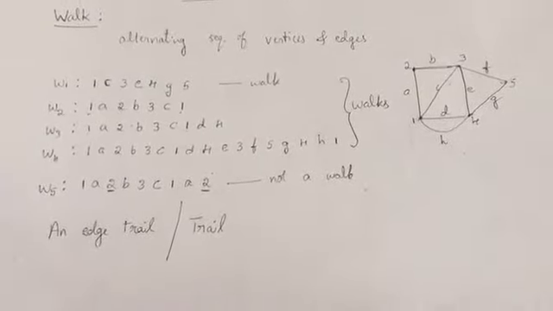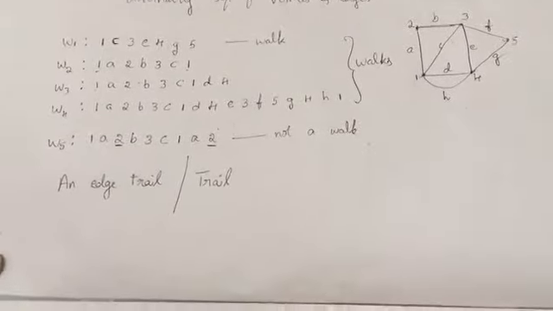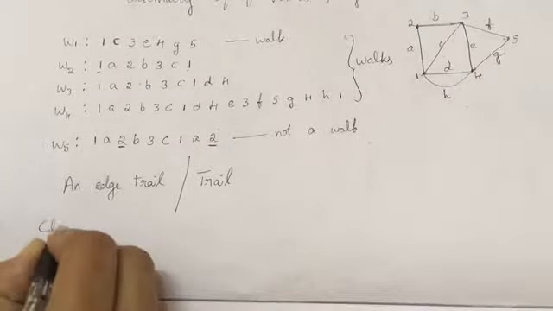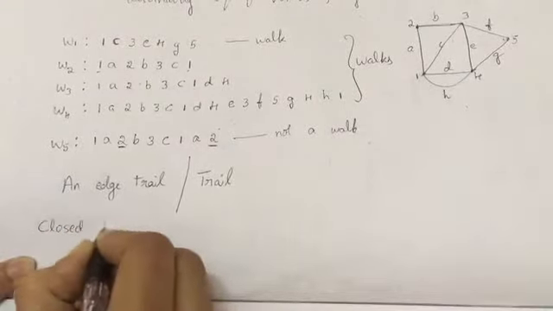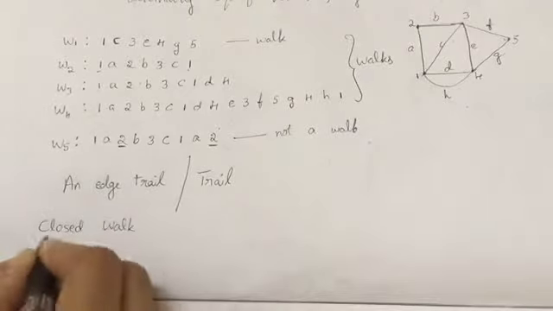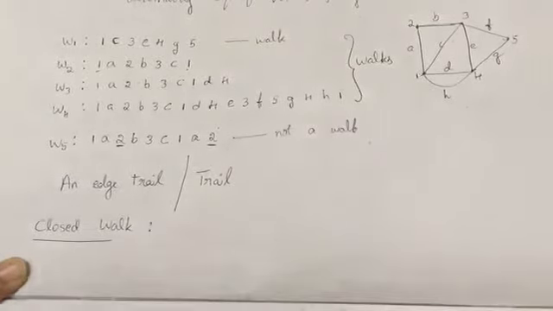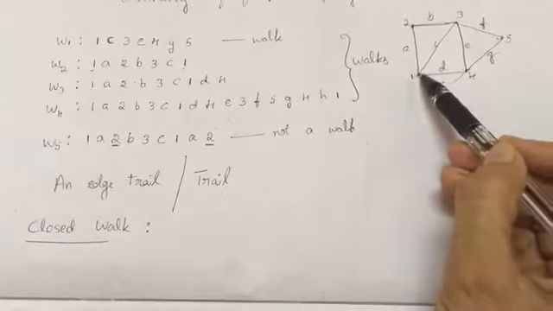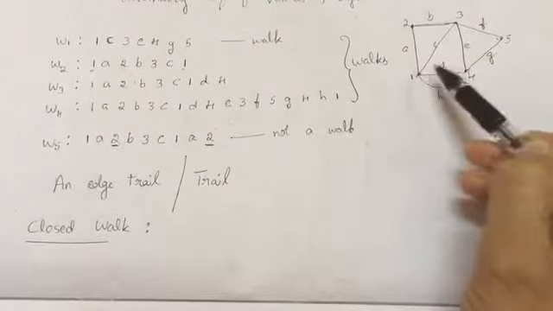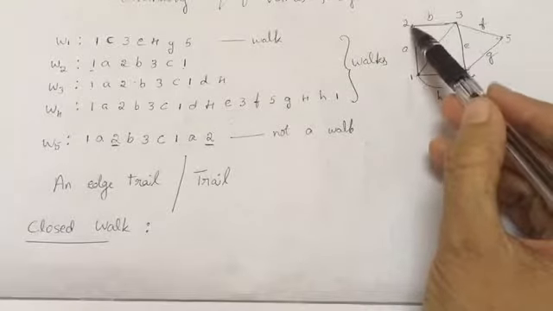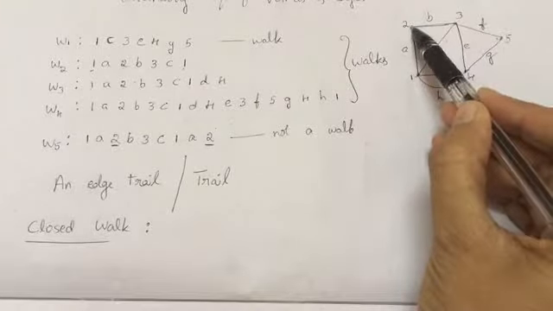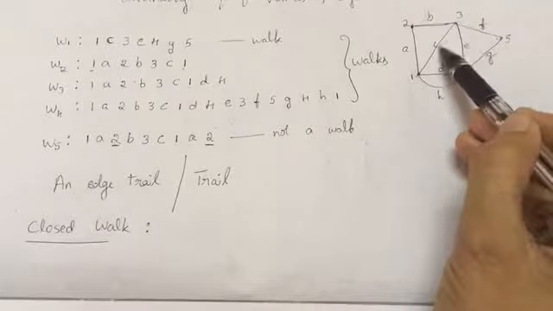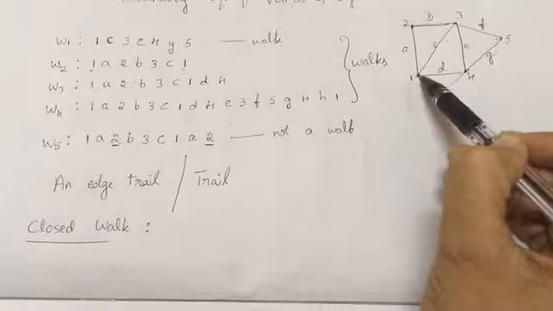Next is closed walk. See, if I start from this vertex and take edge A going towards vertex 2, I'll take edge B, vertex 3 and C, then I'm coming back over here.